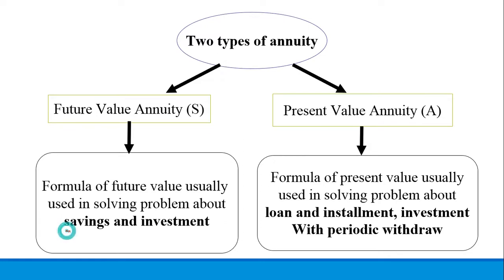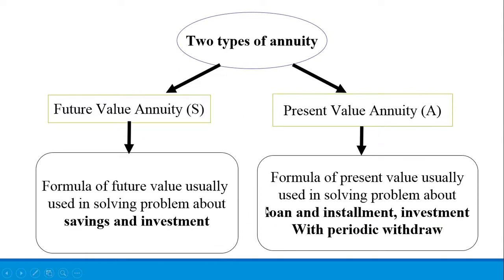If the question asks you about saving and investment, we will usually use the future value annuity formula. But if it is about a loan or installment, which are periodic, we use the present value annuity.